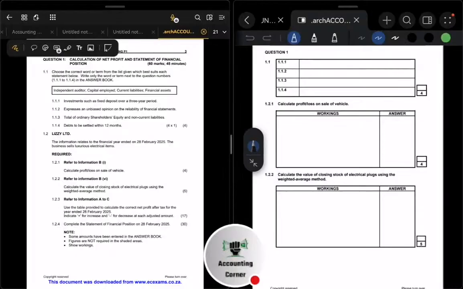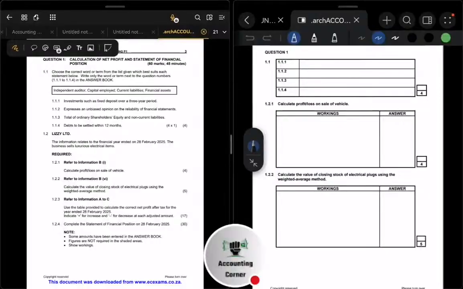Yes, this is last year. Okay. So I wanted us to just go over this, and if you have any questions, you can always drop them in the comment section, or if you want to ask about anything else that's not in the paper, but you just have a general accounting question.